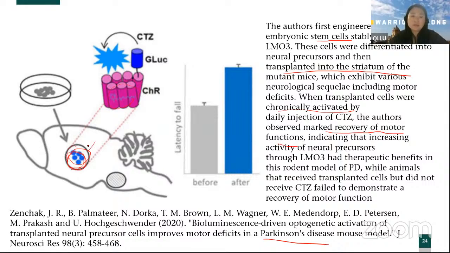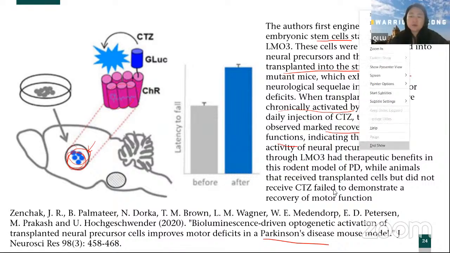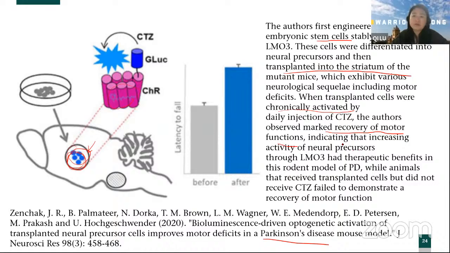Those implanted transgenic stem cells, these neuron precursors, can show positive benefits in this Parkinson's disease animal model. Even without the daily injection of the substrate CTZ, animals first demonstrate a recovery of motor functions. So here is another application for the bioluminescence-driven optogenetics activation.